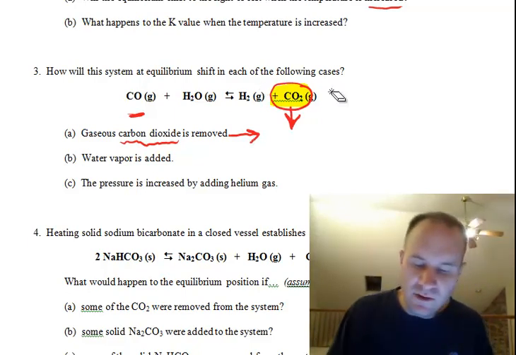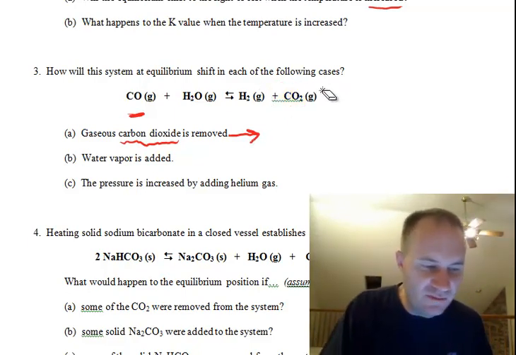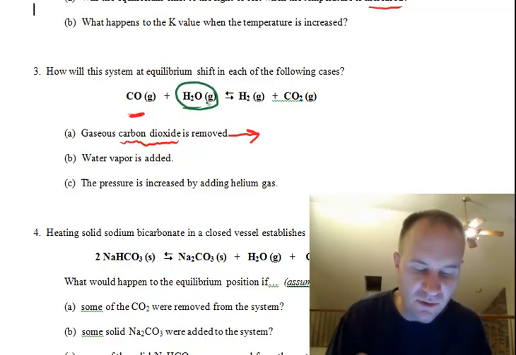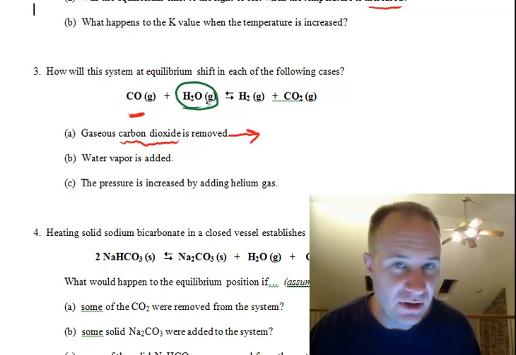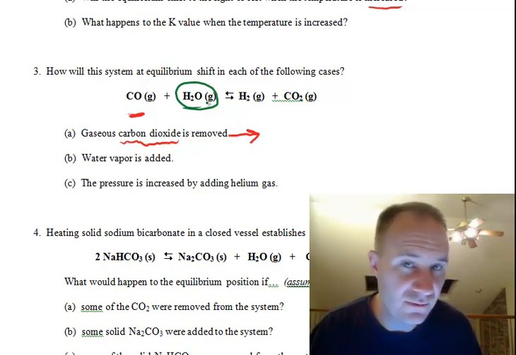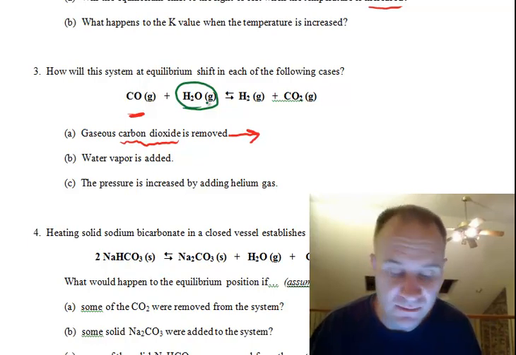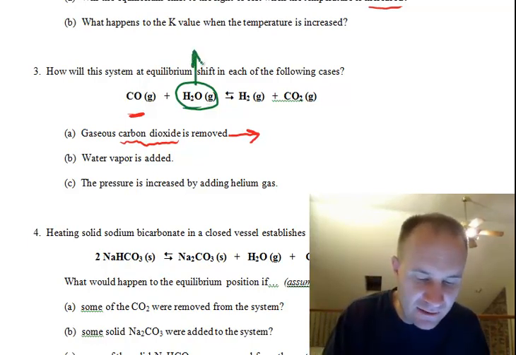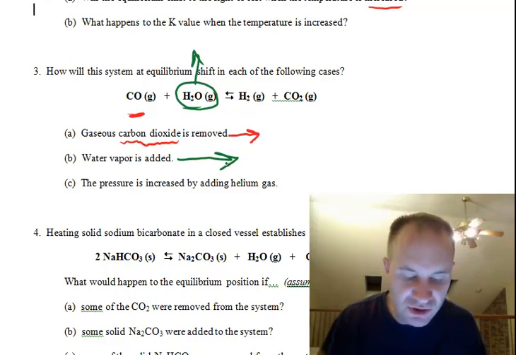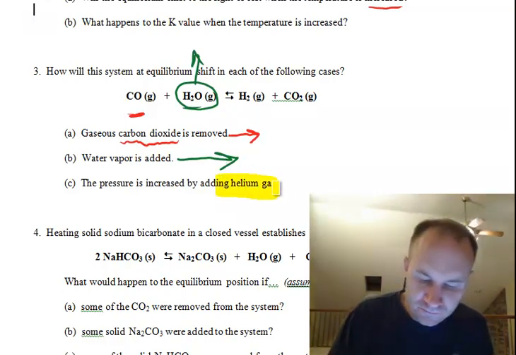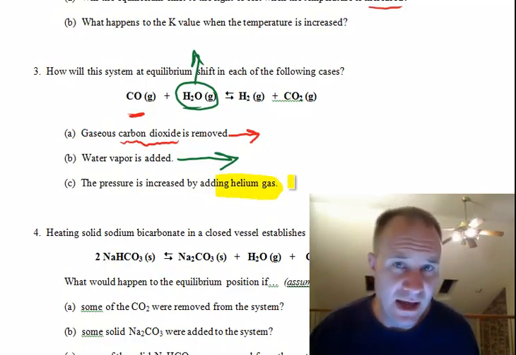Okay? If we then consider that water vapor, now pay close attention, that's water in the gaseous form. There's a temptation to say, oh, it's H2O, so therefore it's a liquid. No, it's a gas in this problem at this particular temperature. If we add that, predictably, it would shift to the right. Okay? The last one, the addition of helium gas.